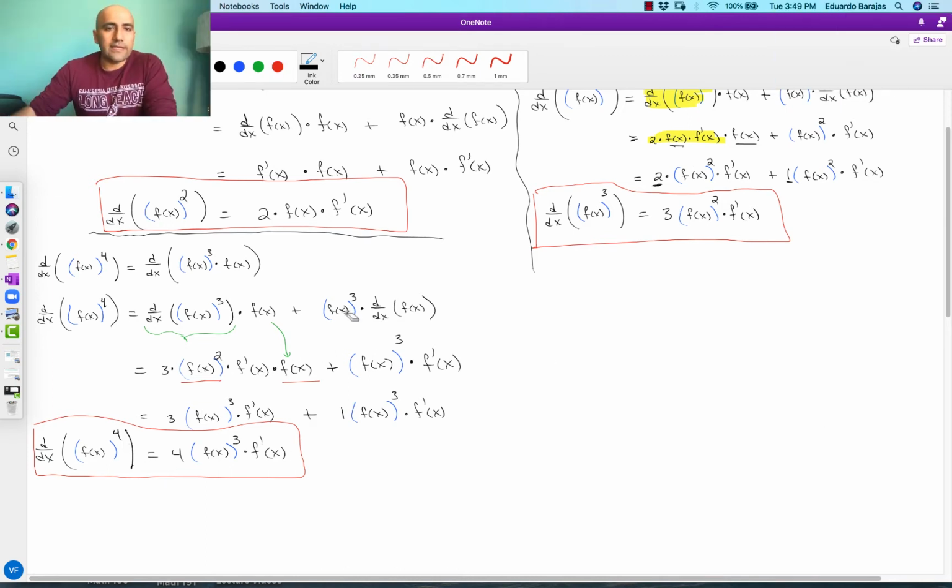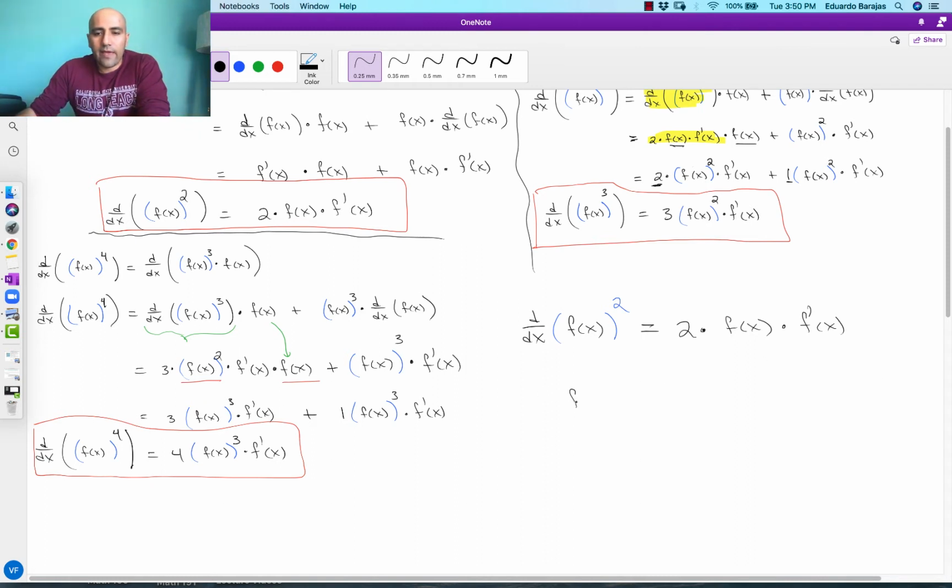Okay, let me organize them over here to the right, one on top of each other, just in case the pattern isn't totally clear. So if we have f of x being squared, and we want the derivative with respect to x, then the answer is going to be 2 times f of x times f prime of x. Okay?